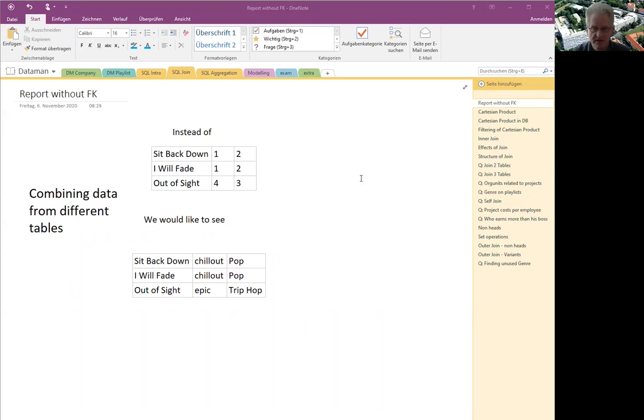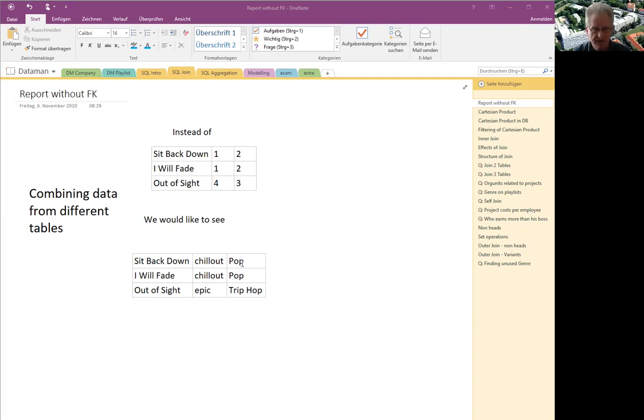So the general idea is, instead of looking at the table as it is with the foreign keys, for example, for the playlist and for the genre, we would like to see the actual playlist and the actual genre.